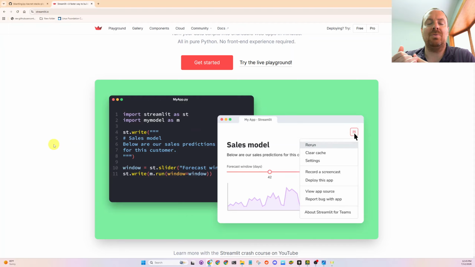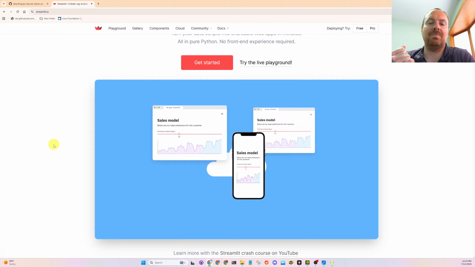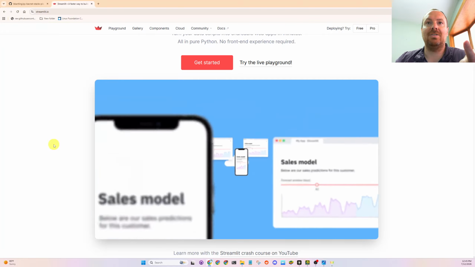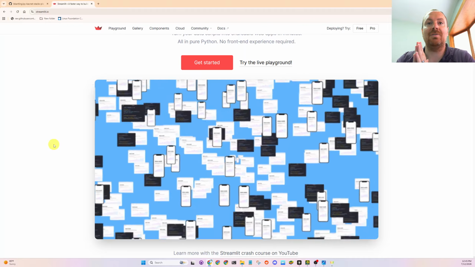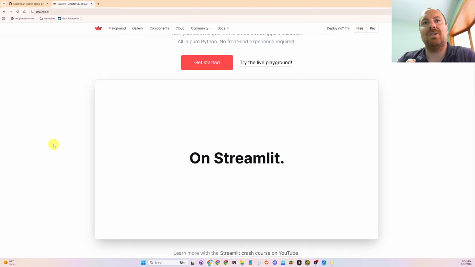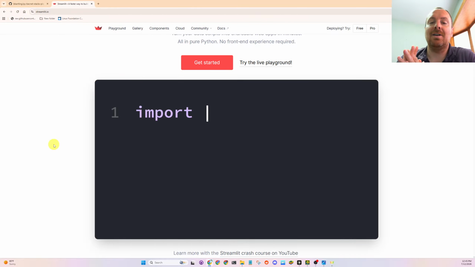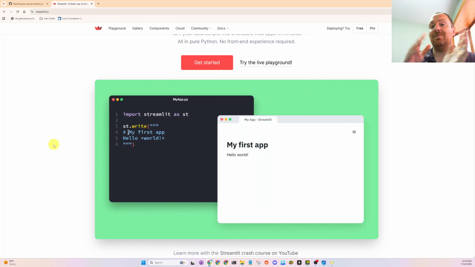If you were crunching a lot of data for your clients, Streamlit is really good for that. It's not a full-blown web application like we talked about before. A software engineer wouldn't use Streamlit, but an analyst or a data scientist would, because you don't have to do the full back end web app framework or any of the front end.